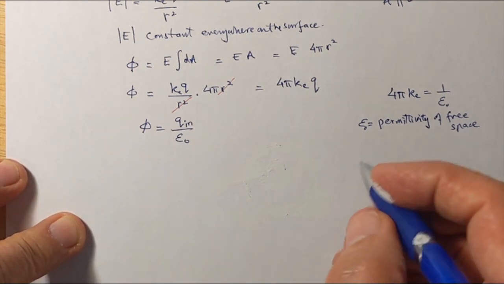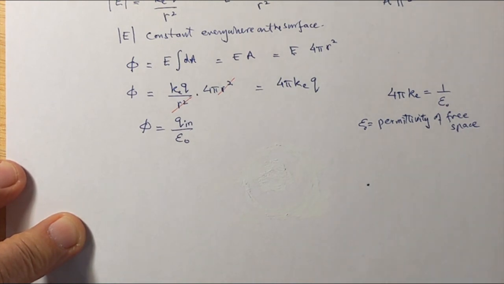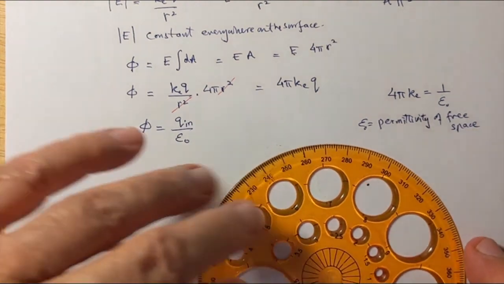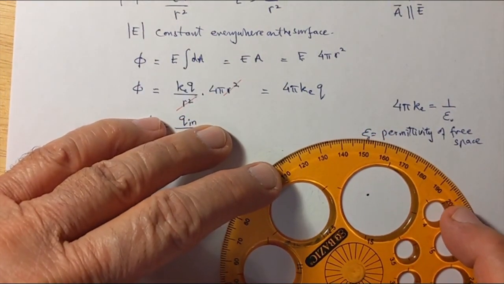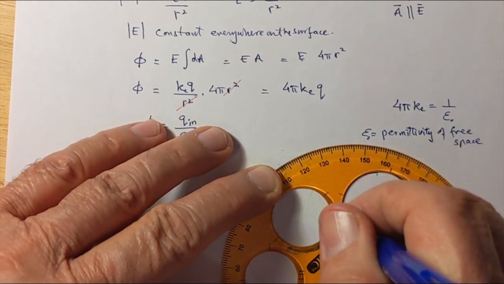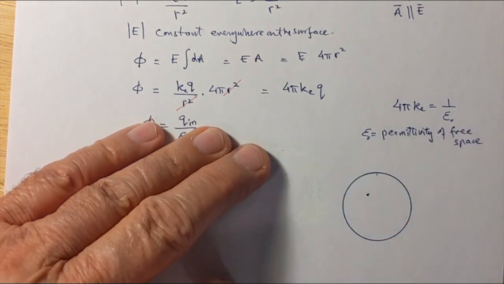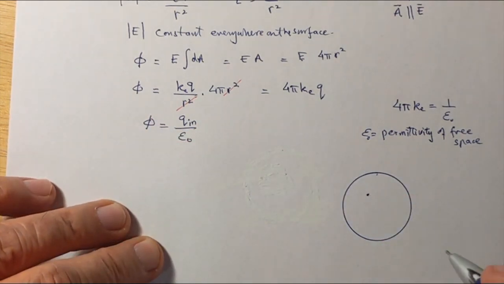So let's suppose we have a charge right here, and we have a surface that's not symmetric around it. That's a charge, and that's our surface, which is no longer concentric, the charge is no longer in the middle.